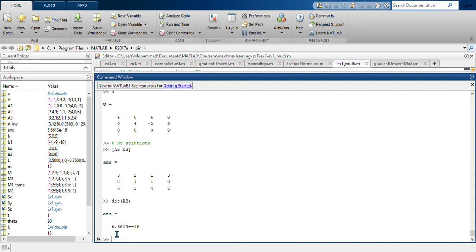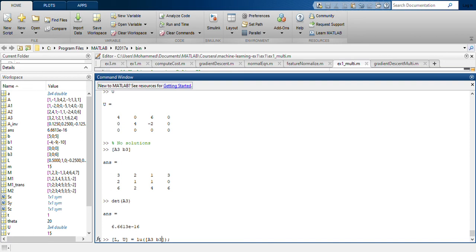That comes from the round off errors in a computational machine, so that is effectively 0. Now let's do the LU decomposition for this particular augmented matrix and see what we get.